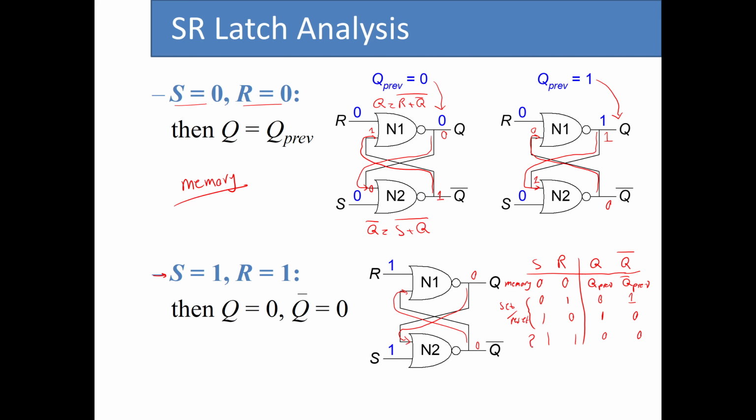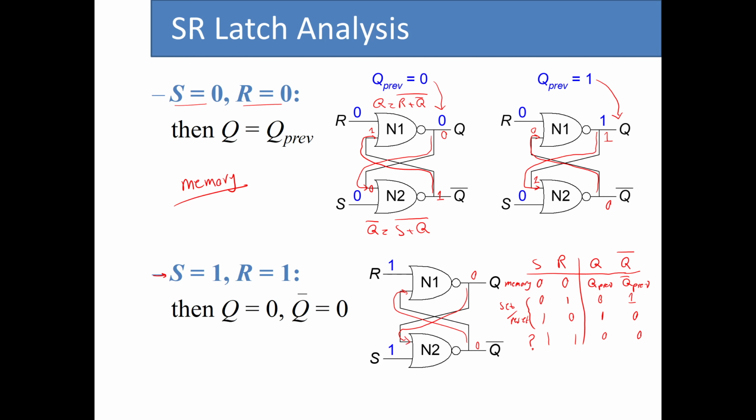But we have this kind of weird combination as well, which when we make S and R both 1s, both Q and Q bar become 0. So even though we started from the bistable circuit, and for the bistable circuit we had basically 2 inverters connected back to back, and in that circuit we had Q and Q bar to be the complement of each other, right?